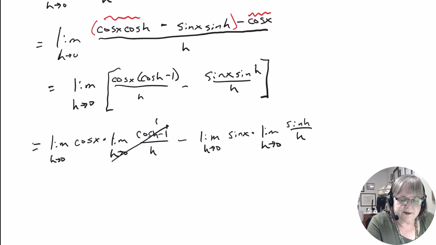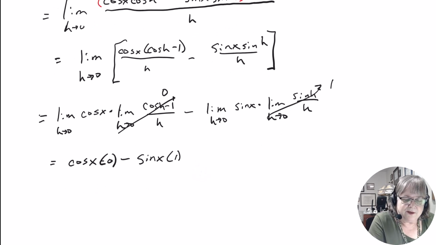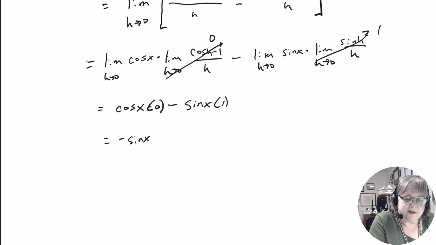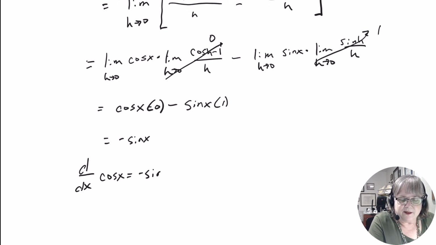And this is 0, and 0 times anything is 0, minus the limit of sine x as h goes to 0 is sine x because there's no h. And this goes to 1, so this turns out to be negative sine x. So we can say that the derivative with respect to x of cosine x is negative sine x.